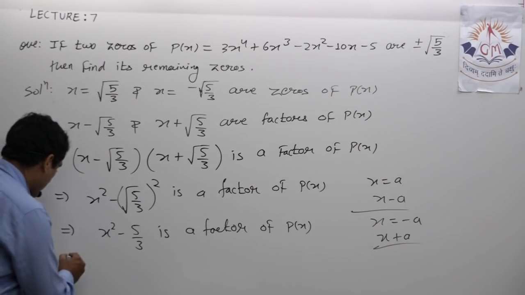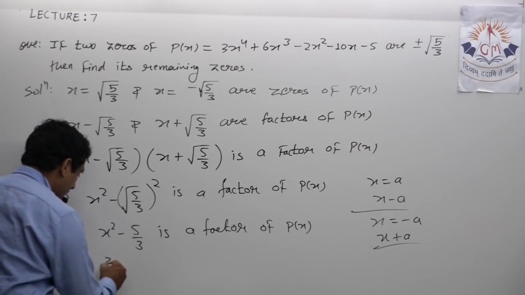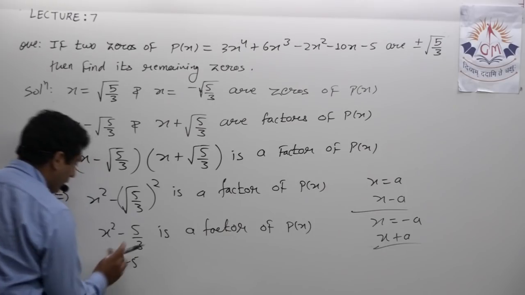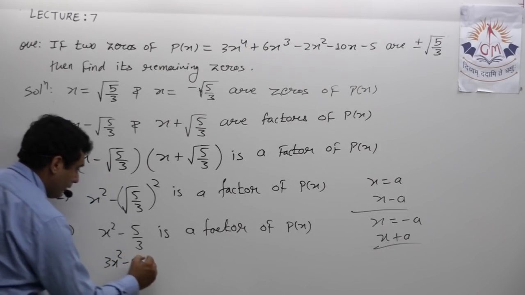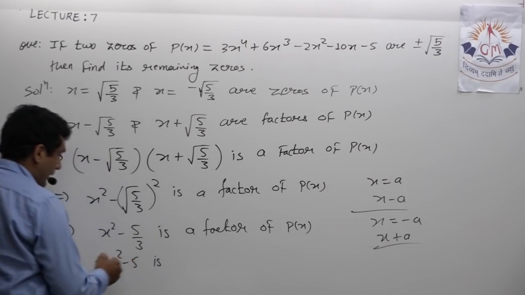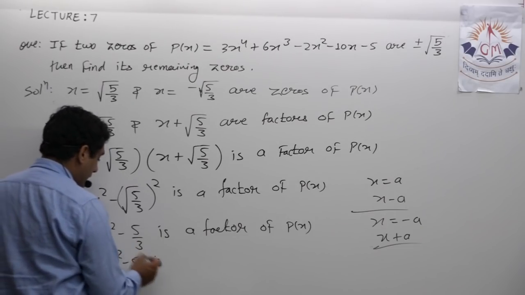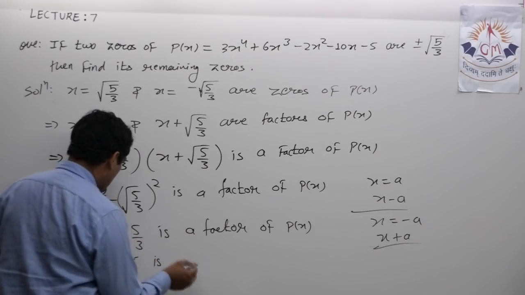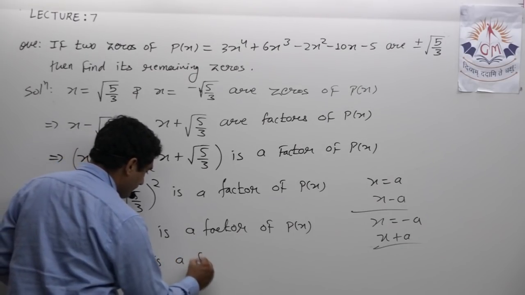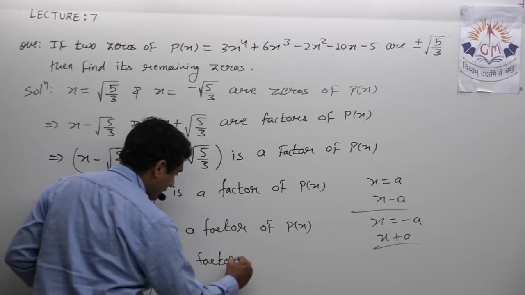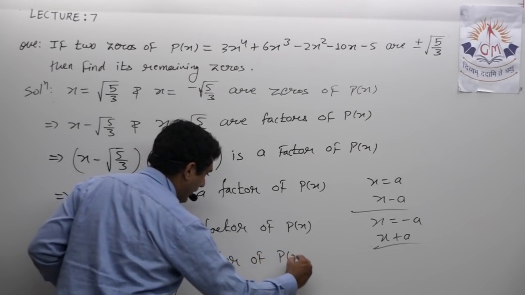Now here I can simplify it further. I can write 3x square minus 5. One might say upon 3, but you can skip that, because ultimately when I make it 0, I will get 3x square minus 5. So therefore 3x square minus 5 is a factor of p(x).